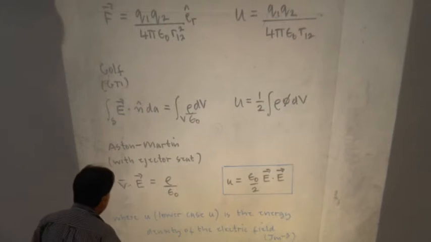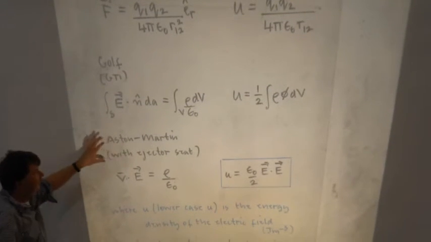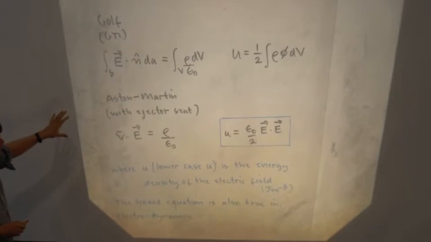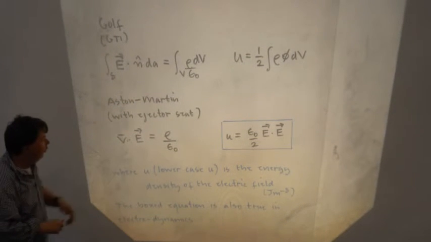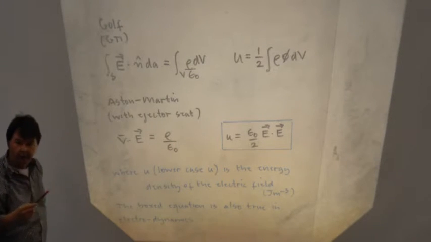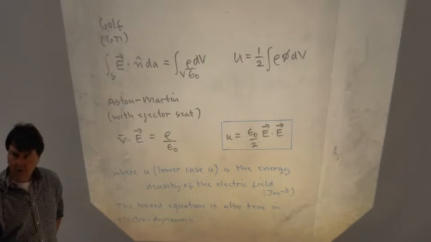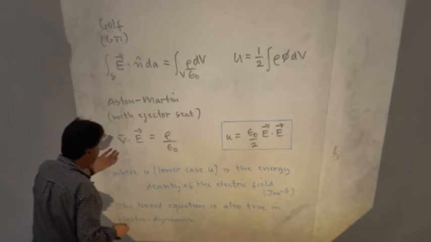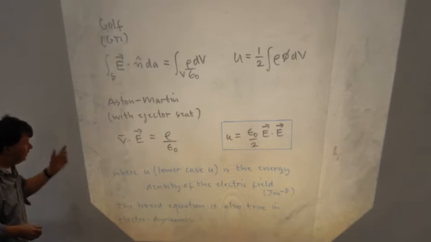But the sophisticated way of doing it, if you want to really get there quickly, is the differential form. This is an equation which is true at every point in space. Something I've emphasized throughout the course: the Maxwell equations are differential equations true at every point in space.